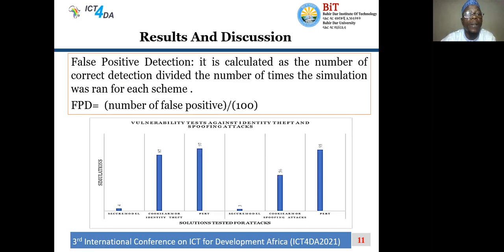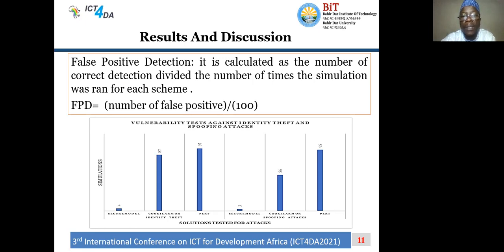We also tested for false positive detection, which shows the number of attack requests that each solution takes to be the original request. We add up all the false positive detections that each solution generated throughout the simulation.